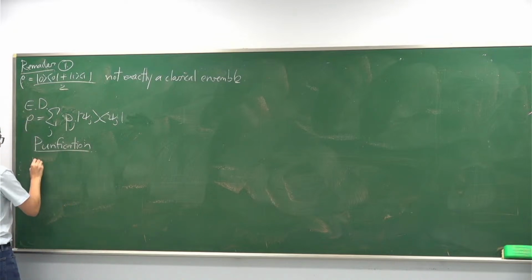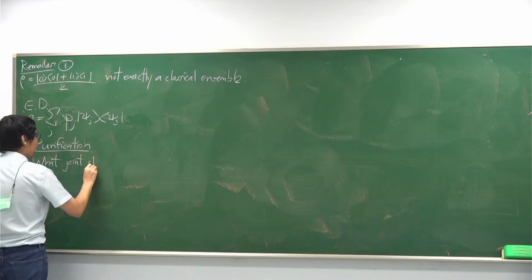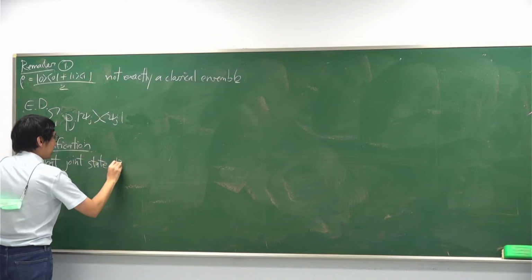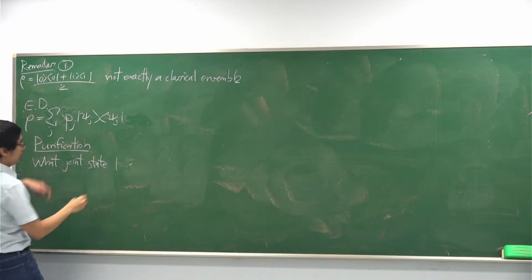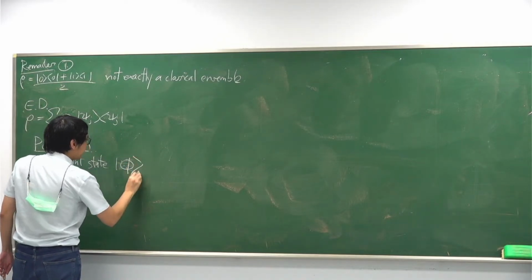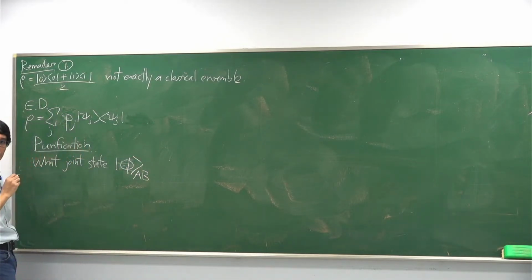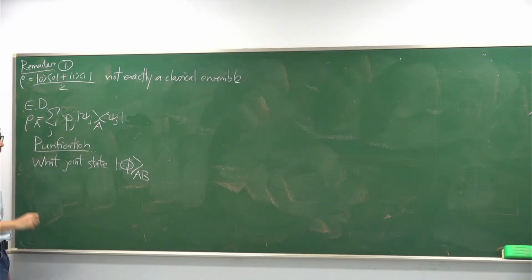So we ask what joint state, let's call it Psi since I already used psi here, in the joint Hilbert space, so suppose that this is in the Hilbert space of A, right?